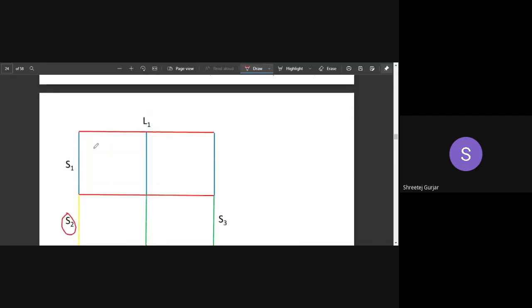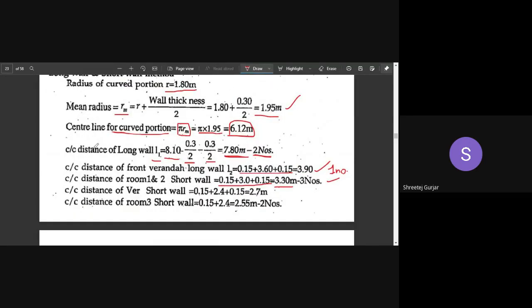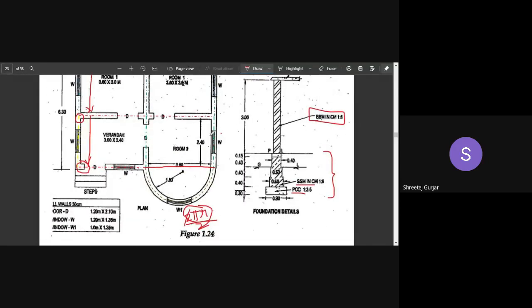Now moving on to short wall S3. You can observe here S3 is 0.15 plus 2.4. There is no wall over here, so we need not add the 0.15 by 2 on this side, because there is no wall.